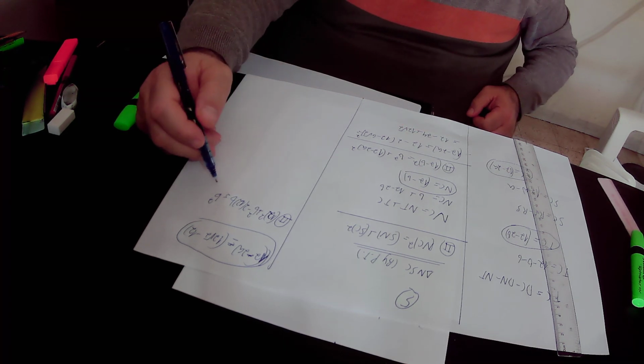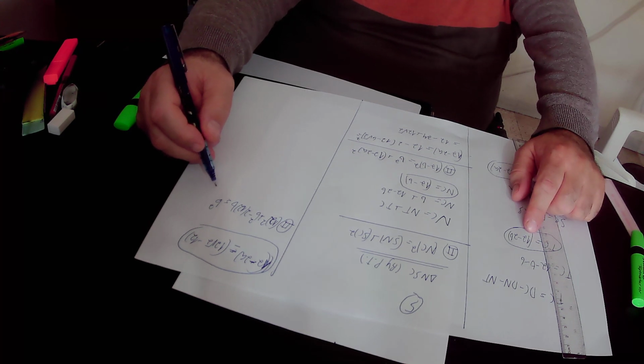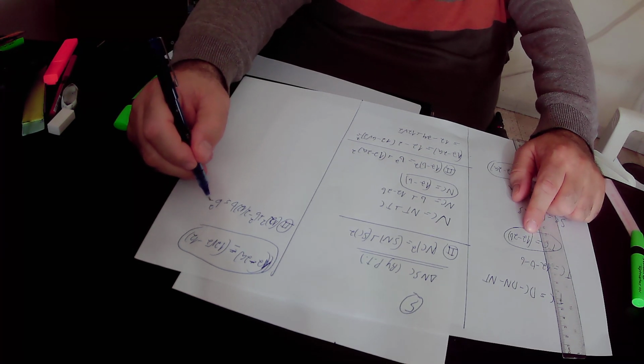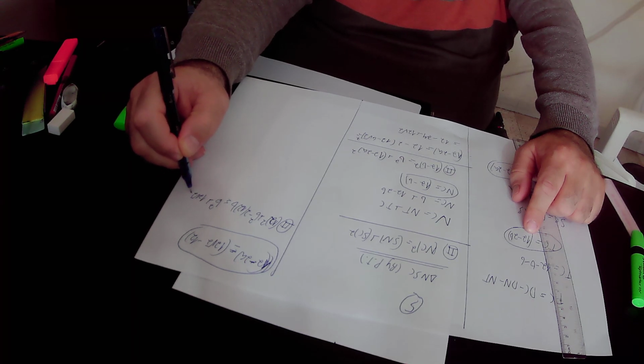So here we'll have plus 12 times square root of 2 minus 12 squared.